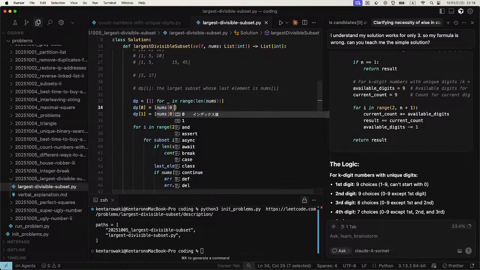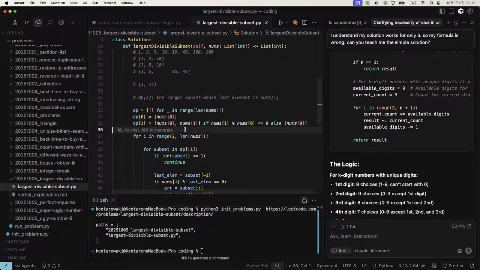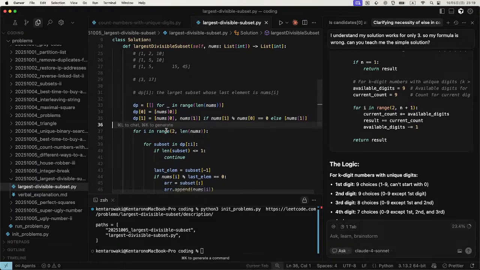Num0, because we can use num0, and if it's divisible, we can add two elements, and if it cannot be divisible, we just use the number at the 1, because that's the definition.